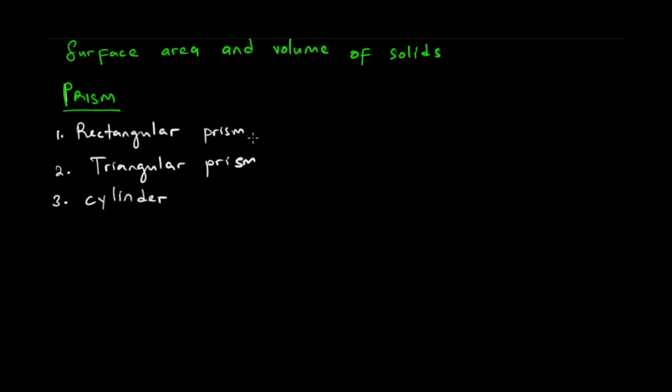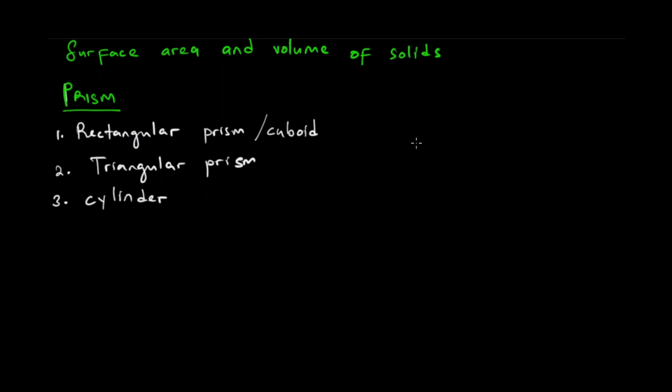Saka ino yatati rectangular prism, inogona kunzi a cuboid. Kana kuti cuboid, it is an example of a rectangular prism. Then we have a triangular prism and also a cylinder. So let us put down different shapes which are going to help us understand what we mean.